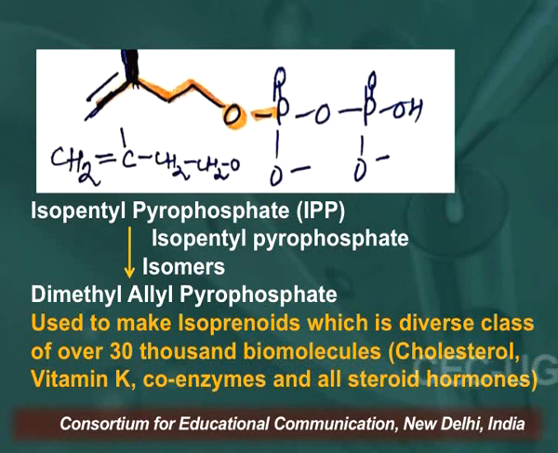This isopentyl pyrophosphate, in the presence of isopentyl isomerase, changes into dimethyl allyl pyrophosphate. So learners, this dimethyl allyl pyrophosphate is used to make isoprenoids, a diverse class of over 30,000 biomolecules like cholesterol, vitamin K, coenzymes, and all steroid hormones.